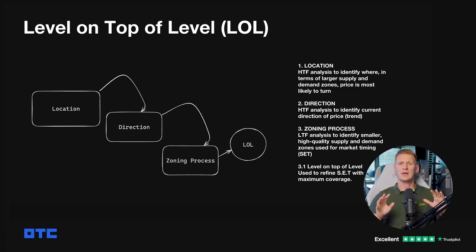Price is, so to speak, exhausted from fighting through the first level, making it much easier for the imbalance in the second level to redirect the market. By understanding and identifying LOL zones, you will gain an edge in spotting high probability trade opportunities, making this a valuable tool in your trading arsenal.